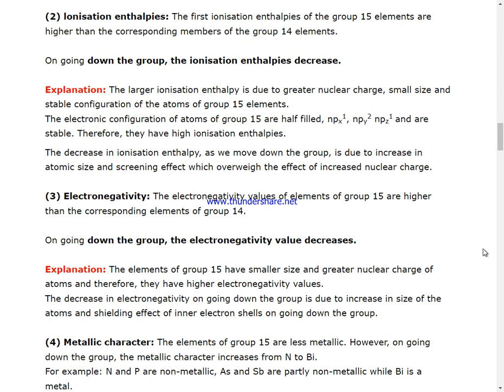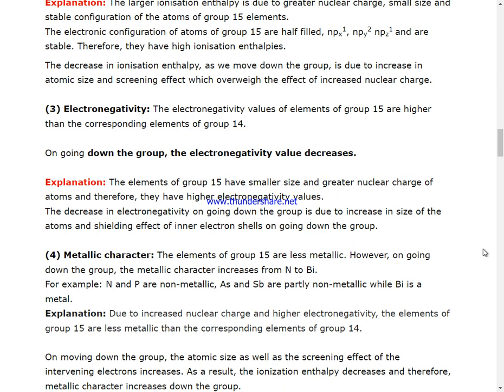The decrease in ionization enthalpy as we move down the group is due to increase in atomic size and a screening effect which outweigh the effect of increased nuclear charge. Electronegativity. The electronegativity values of elements of group 15 are higher than the corresponding elements of group 14.